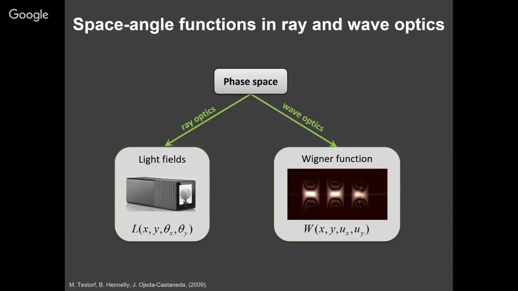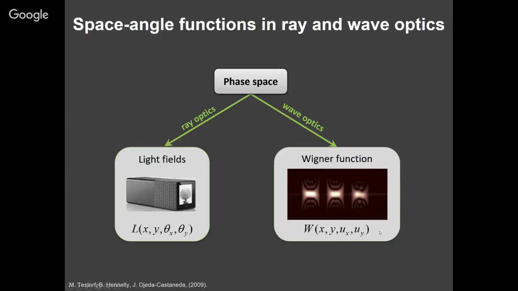The idea is that we're doing this 3D imaging from 2D measurements, but we came at all of this in terms of phase space or light field imaging. I suspect a lot of people there actually know a lot about light field imaging, but maybe don't know much about the Wigner function or wave optics versions of it. Phase space is a general term that means any space-angle functions.